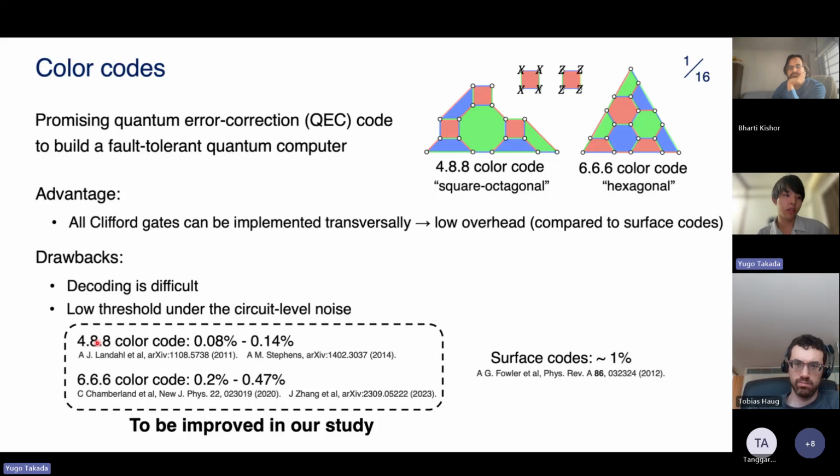In this case, we can use a well-known efficient classical algorithm such as minimum weight perfect matching. But in the case of a color code, the physical qubit connects to three stabilizers, so one error flips three stabilizers. So the decoding graph is a hypergraph, which is more complex. So we cannot straightforwardly use efficient classical algorithms such as minimum weight perfect matching. So this is the reason.